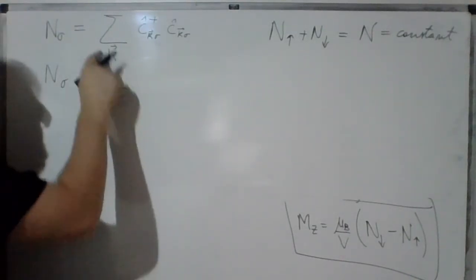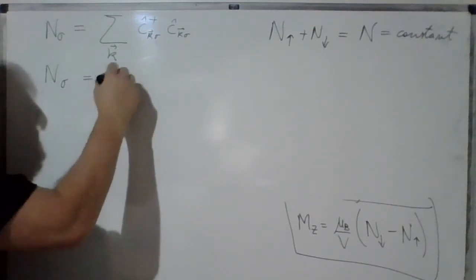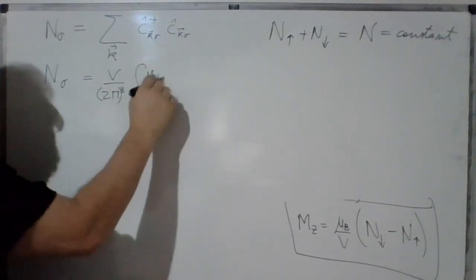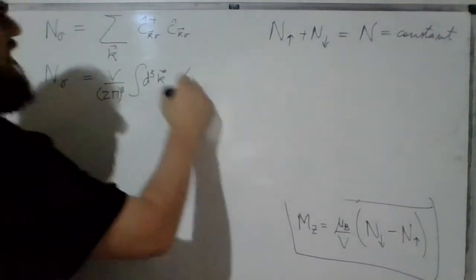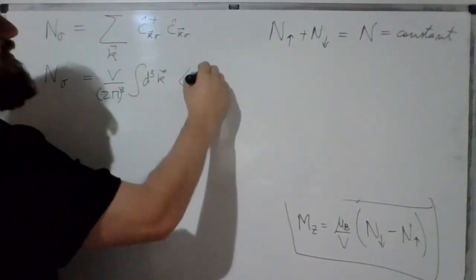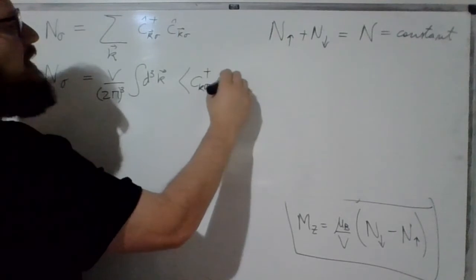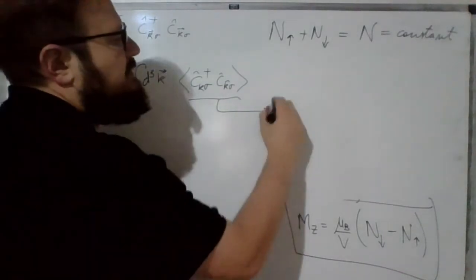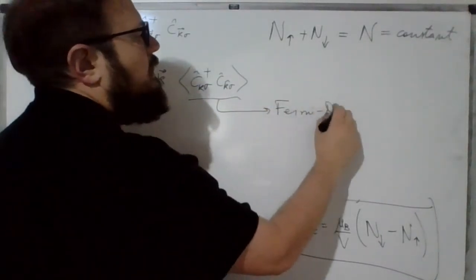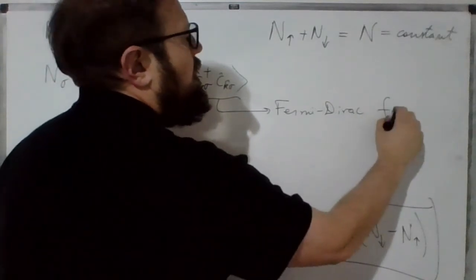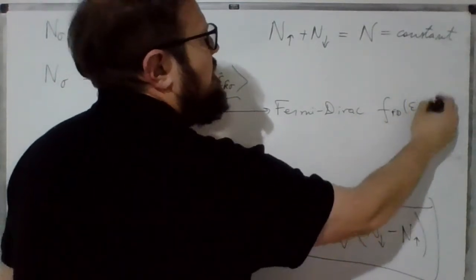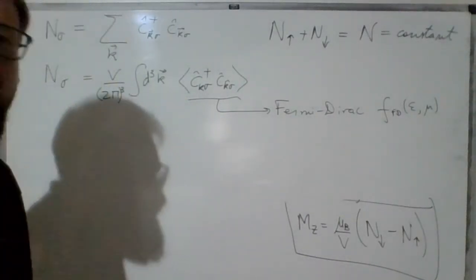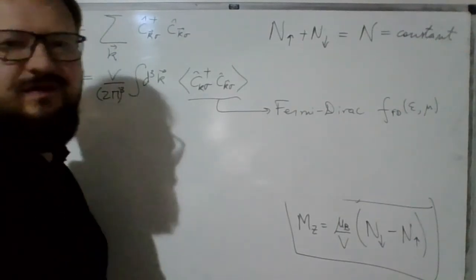So now we need to calculate the n sigma here, the population in the sigma state. It is replaced by an integral over the volume over 2 pi cubed, an integral over d3k of the average, because we are taking the averages here. We already demonstrated that this average for fermions produces the Fermi-Dirac distribution, depending on the energy and on the chemical potential, at temperatures far from the Fermi temperature of this system.